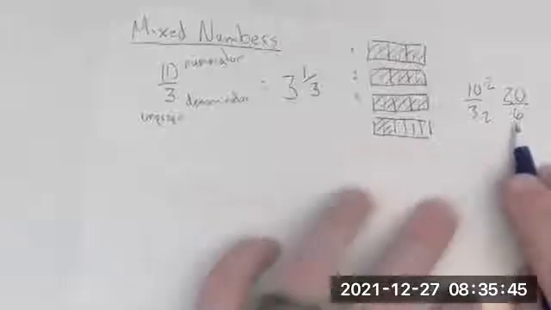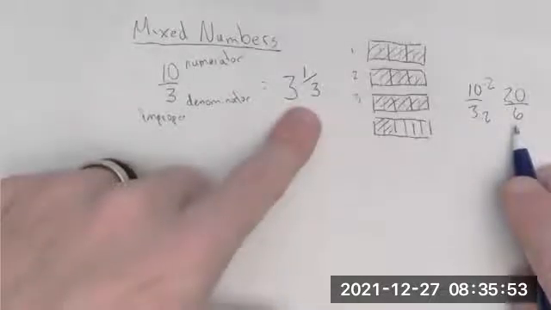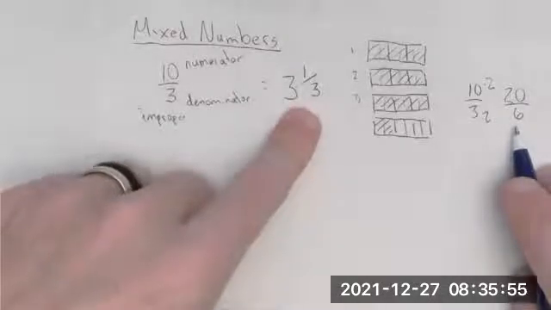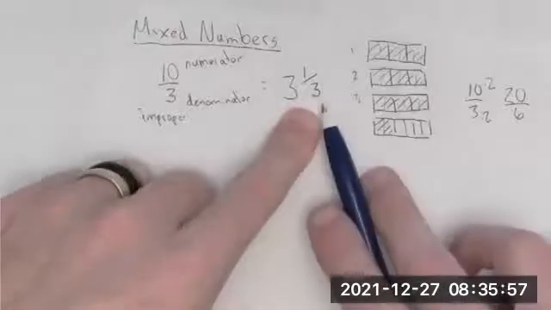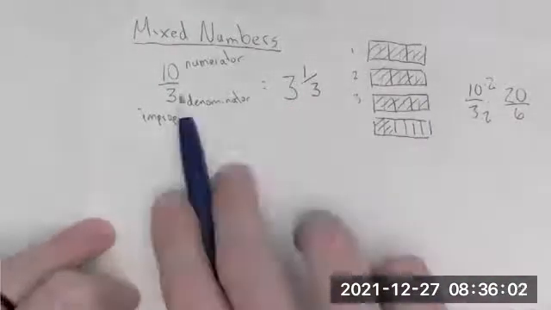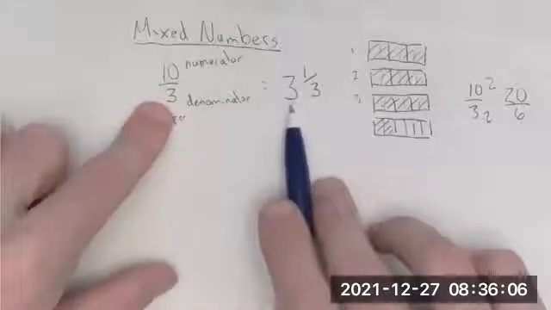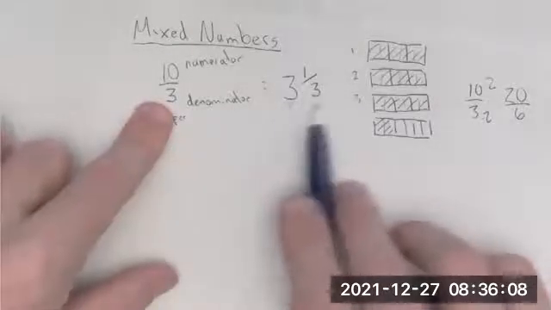But that 20 over 6 is still a lot easier to deal with when we talk about our fractions. As we see with our operations next, it's a little bit more complicated with an improper fraction. We can still do it, but you still have all these other numbers. But the idea of the division, 3 goes into 10 3 times. Again, coincidental. Those two 3s have nothing to do with each other.